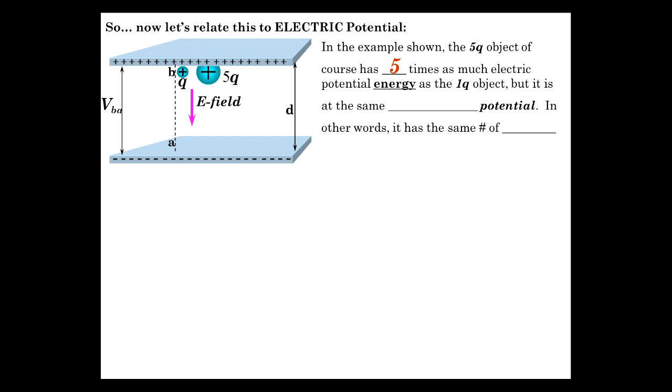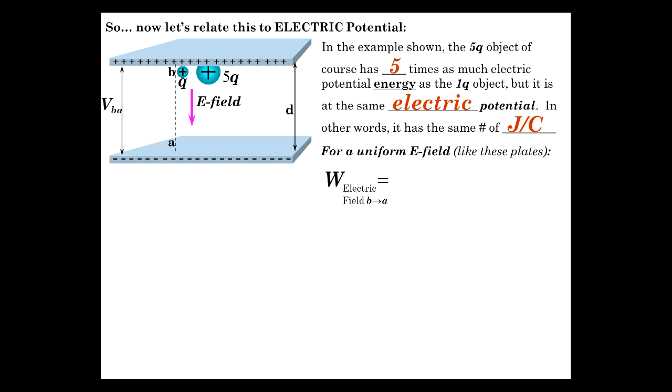It's at the same electric potential, however, because the E field is uniform, and this distance above this lower plate is the same for both of them as well. So it has the same number of joules per coulomb.